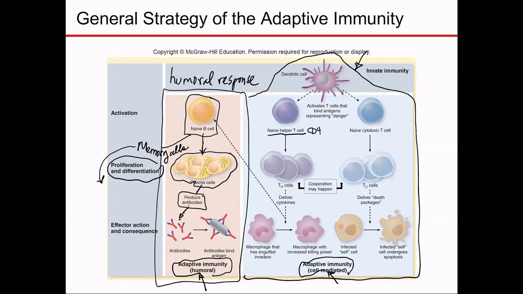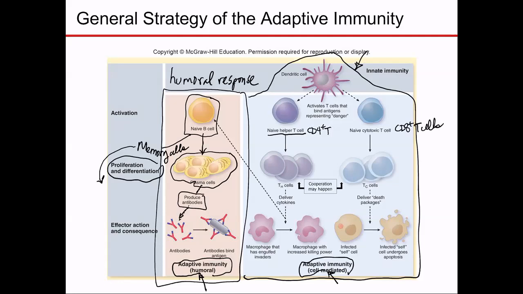That's why they're also called CD4 positive T cells. And then you have the cytotoxic T cells, and these are the ones that express on the surface of the cell the molecule CD8, and that's why they're called CD8 positive T cells.